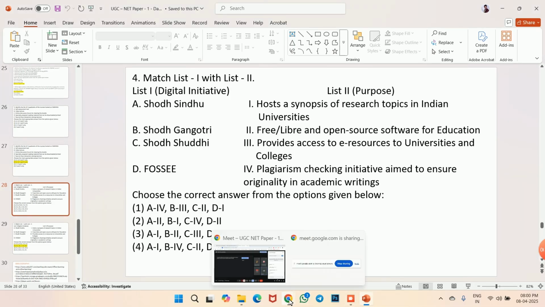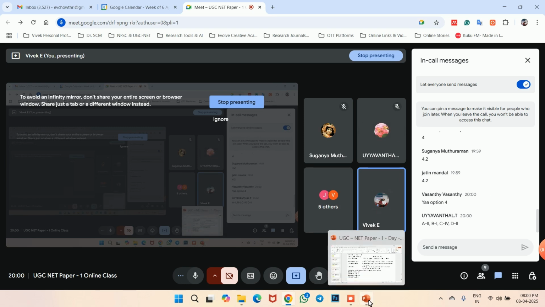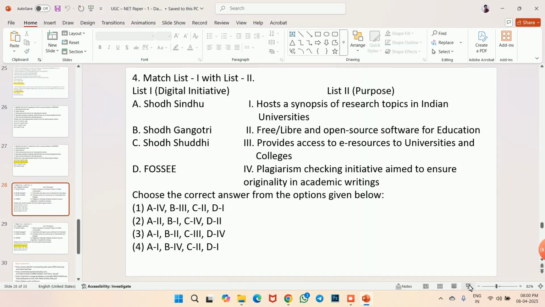So option 4. Okay, others, why are you all so silent? Many of you are not answering at all. Are you guys there or did you leave the phone and go somewhere? Vijayavanthal ma'am, thank you for the detailed answer, but you would have given the option number itself. Okay, fine. So what about others? Are you in the group?